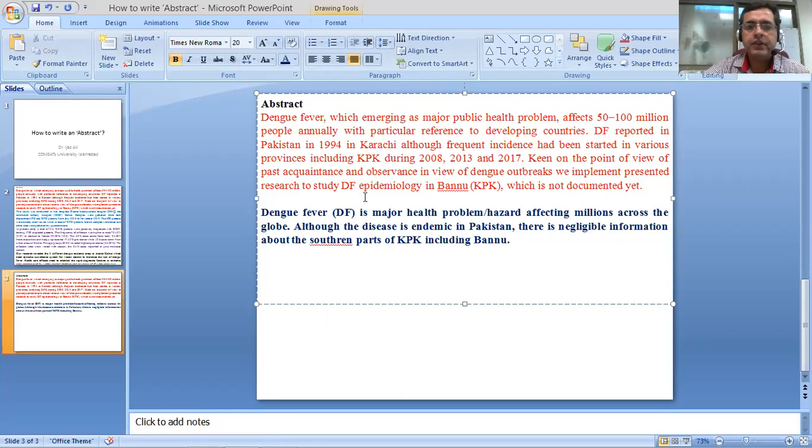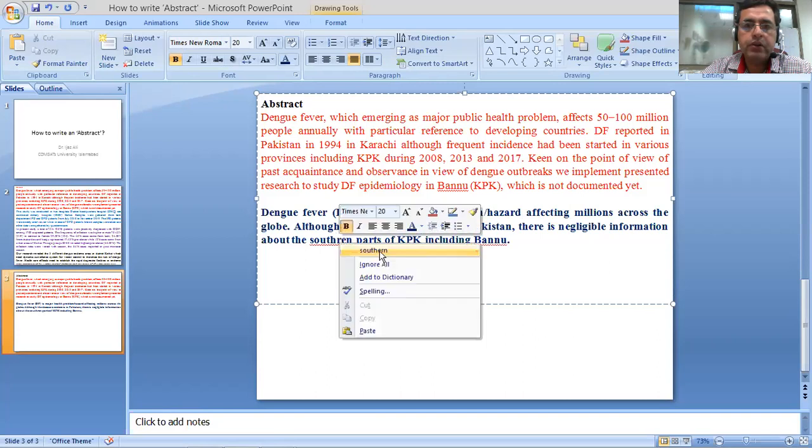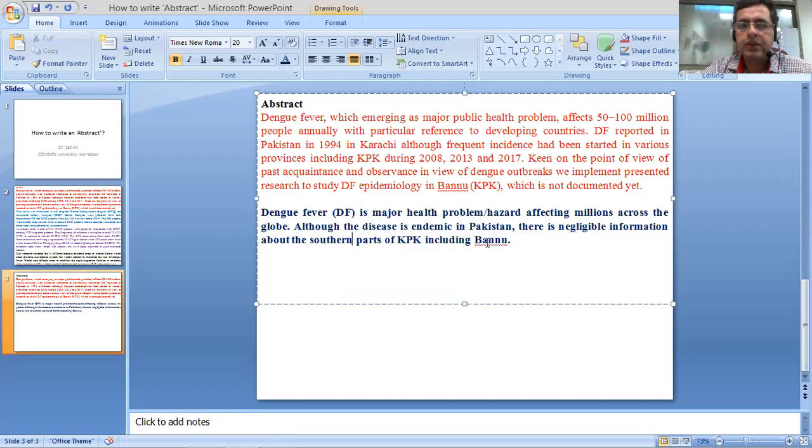So this is what you have to do. You can write it in a different way. It depends upon you, what kind of sentences you are choosing, what kind of words, and how you would like to put these sentences in a way that would carry a very simple message and would attract the reader as well.